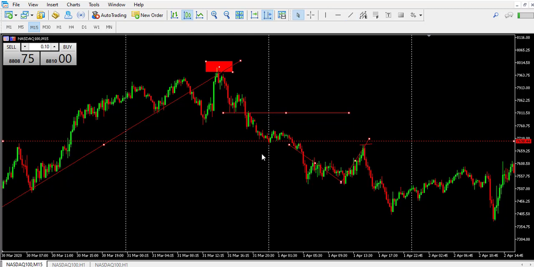So it has come to retest the next support and resistance, which is there. Okay.